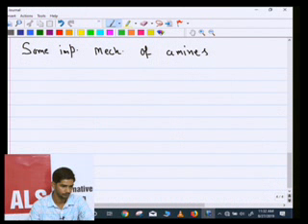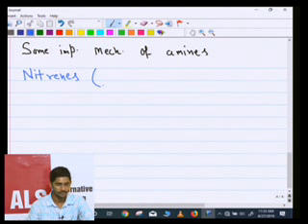Some important mechanisms of amines. And our topic is nitrenes. Guys, first of all, understand what a nitrene stands for.